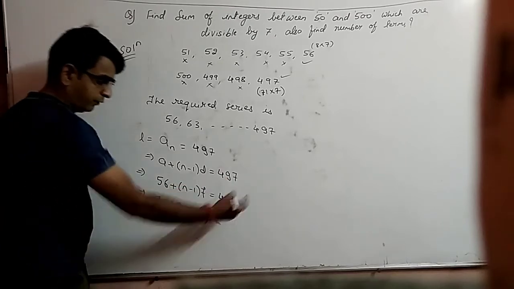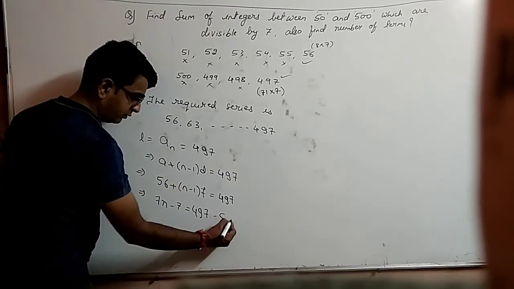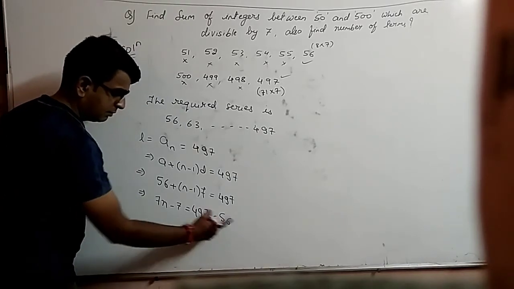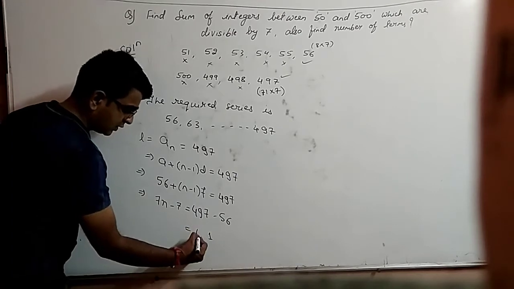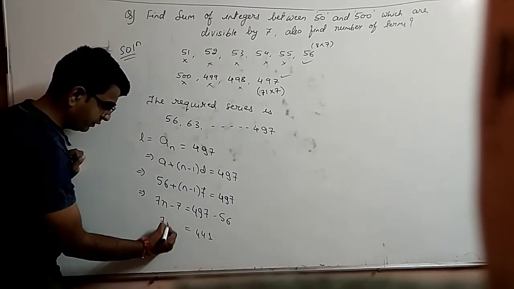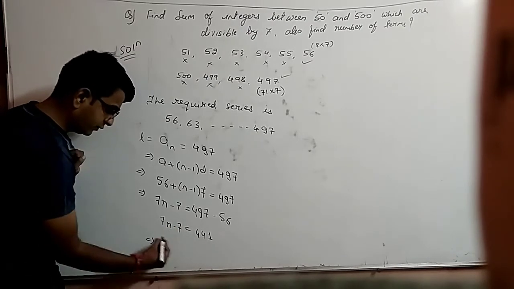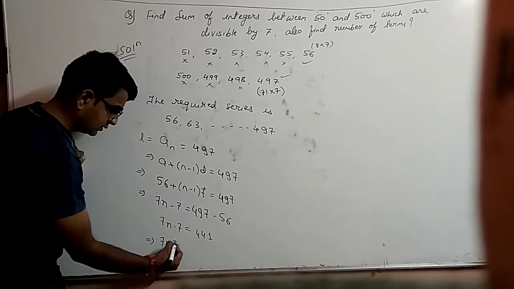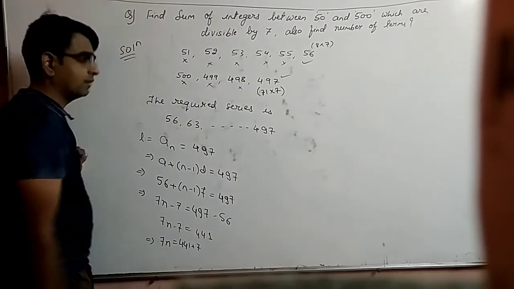Now shift this 56 to that side. It becomes negative. 497 minus 56 is 441. Here we have 7n minus 7. Now just shift that 7. So what we will get? 441 plus 7.